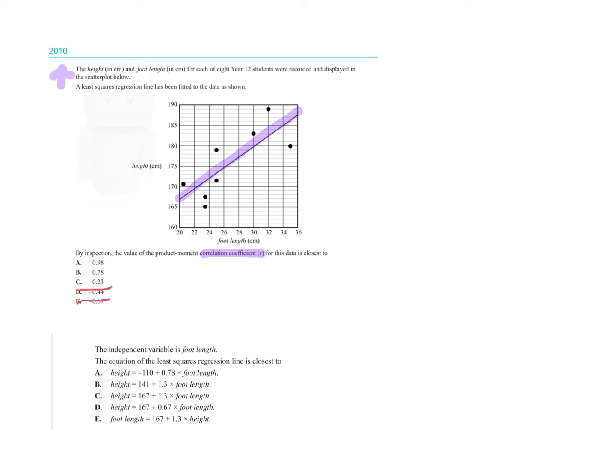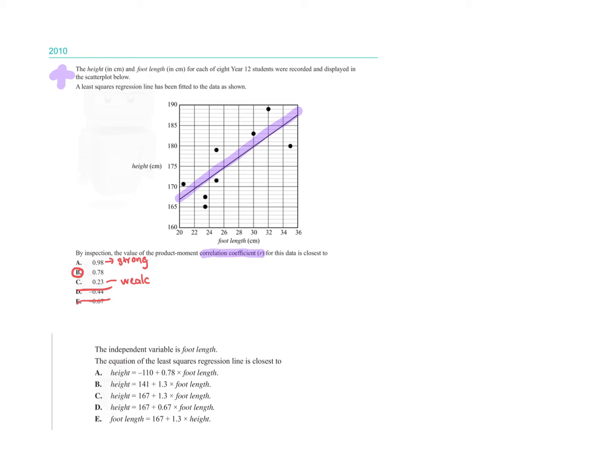Now, 0.23 would be very weak, and the dots won't even be close to being on the line. And 0.98 is very strong, and we'd see them nearly on the line. So in this one, although it looks fairly strong, I wouldn't say it's super strong, so I would go with the B.